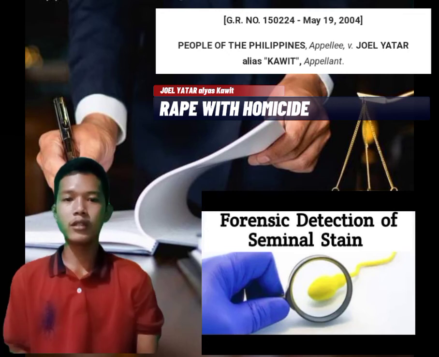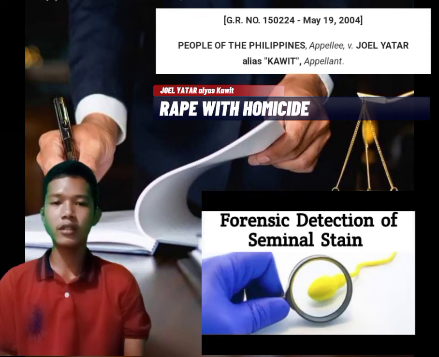Under Article 266-B of the Revised Penal Code, the penalty of death is imposed when by reason or on the occasion of the rape, homicide is committed, although three justices of the Court maintain their position that RA 7659 is unconstitutional. As to damages, civil indemnity ex delicto of 100,000, actual damages incurred by the family of the victim of 93,000, and moral damages of 75,000 should be awarded in light of prevailing law and jurisprudence.